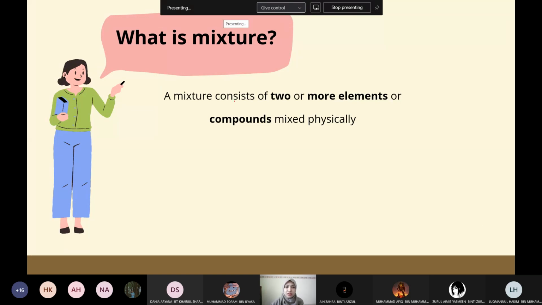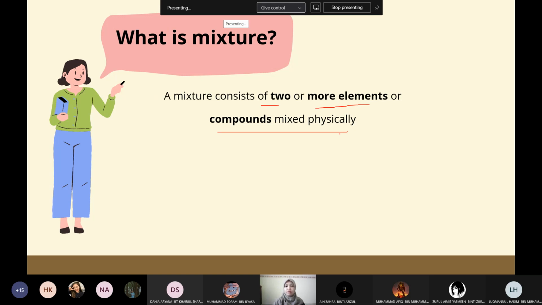A mixture consists of two or more elements or compounds mixed physically. A mixture in Malay is campuran. So it consists of two or more elements or compounds that mix physically.